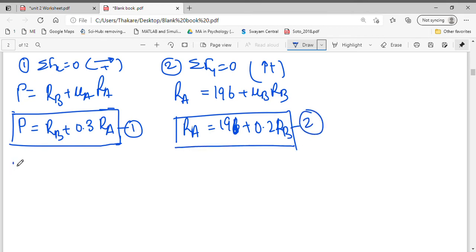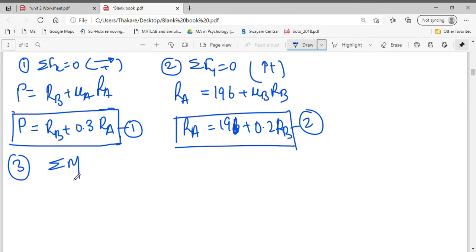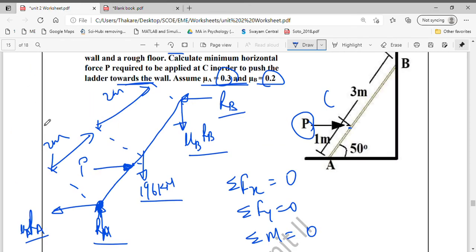We have one last equation with us, which is taking summation of moments. On taking summation of moments, let us consider summation of moments about point A. If I take summation of moments about point A to be 0, considering anti-clockwise moments as positive, how many forces do I have? I will have horizontal Rb, I will have mu B into Rb moment, I have 196 moment, and I have P force moment.